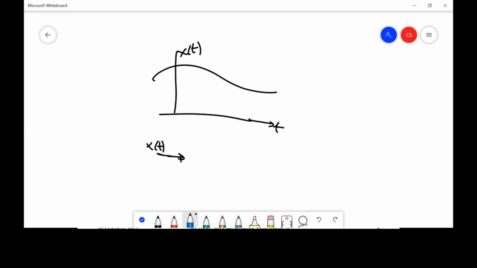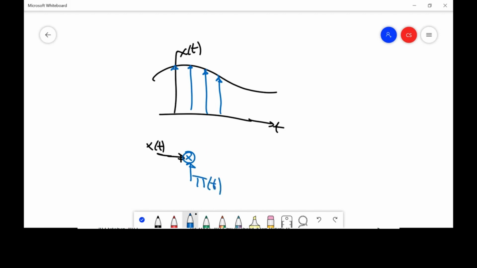I have to multiply by a train of deltas, right? So I have to multiply like this.